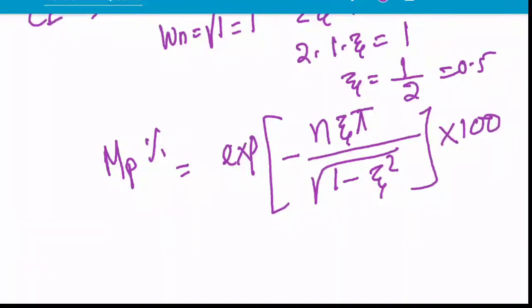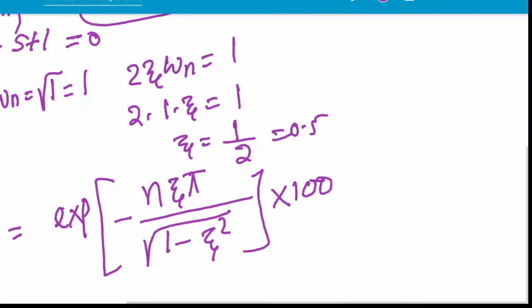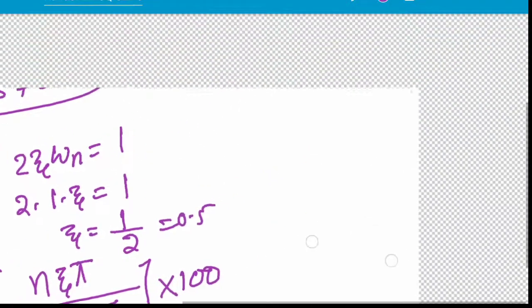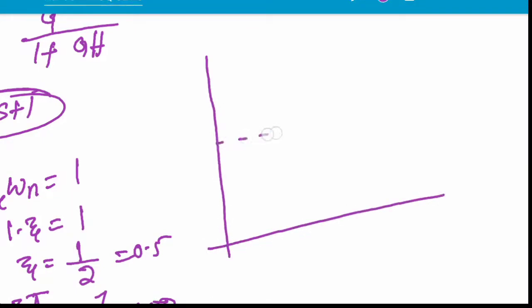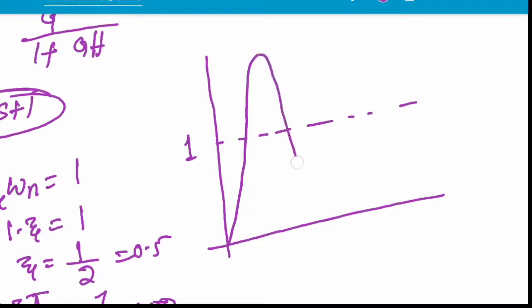What is n? I am drawing here, suppose this one is the final value, 1. So for a second order underdamped system, this is the response.